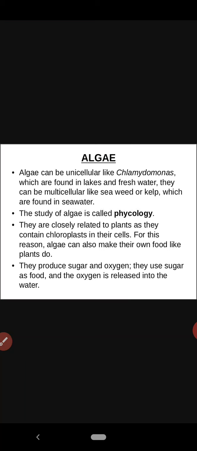Sugar they use as food, and the oxygen is released into the pond water or stream water, oxygenating the whole water body. And this oxygenation of the whole water body helps in the respiration of aquatic species like fish, prawns, etc.